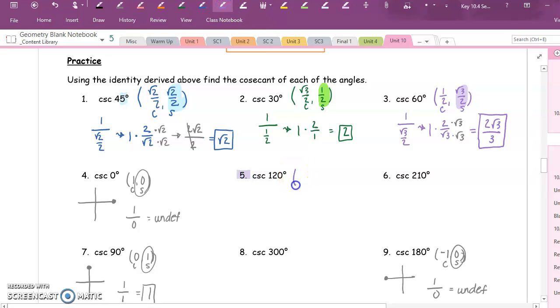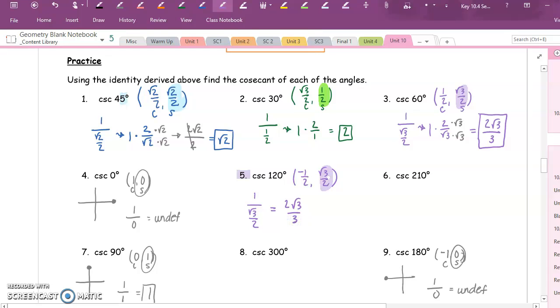So we have 120. So we have negative 1/2, comma, positive square root 3 over 2. We have 1 over sine, so we have 1 divided by square root 3 over 2. So you can keep the top, flip the bottom, multiply by root 3, and we get a positive 2 square root 3 over 3.